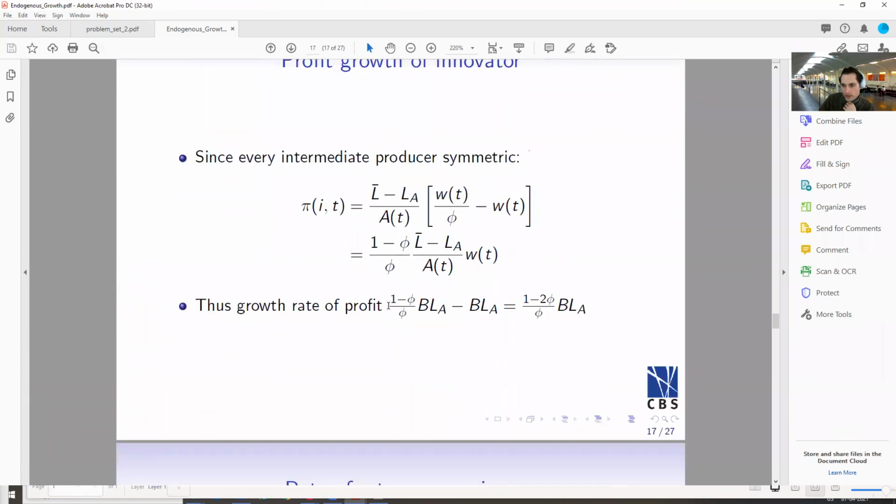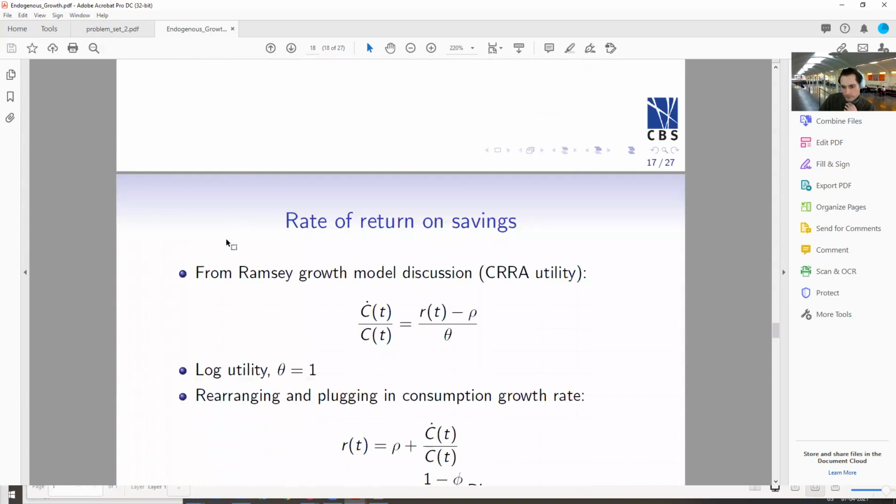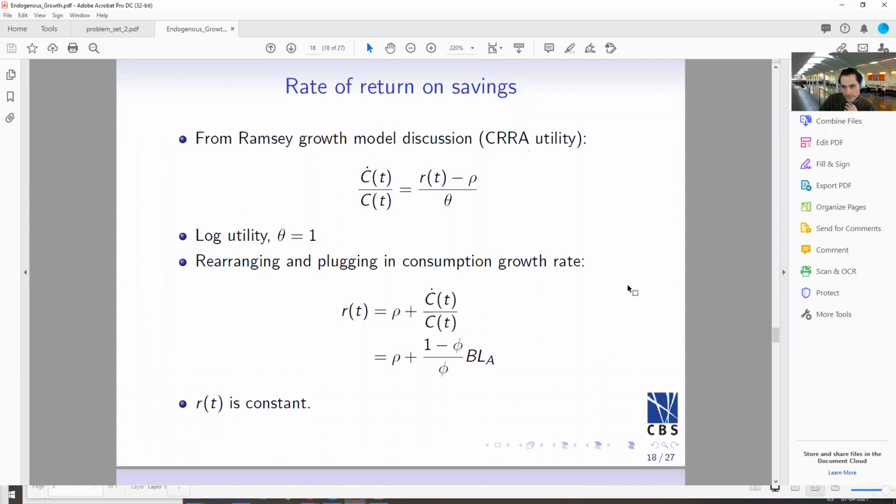So here's the growth rate of wages, here's the growth rate of A. None of this is affected by the fact that now we have a delta here. So growth rate of profits is the same. Nothing here about prices firms are charging, so nothing here changes either.